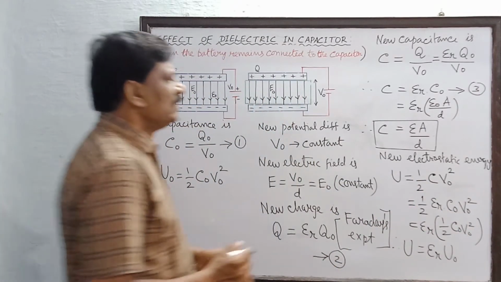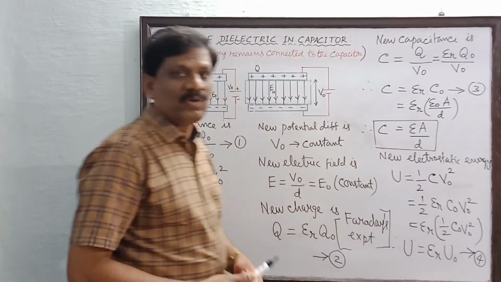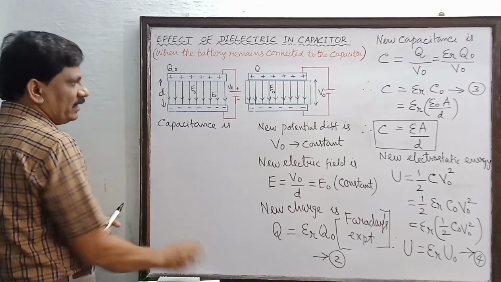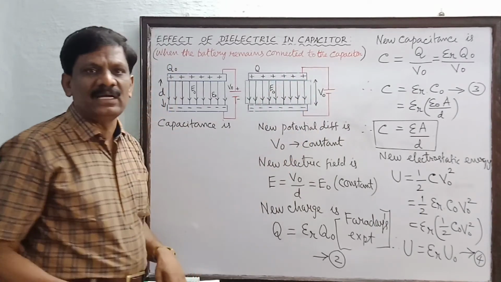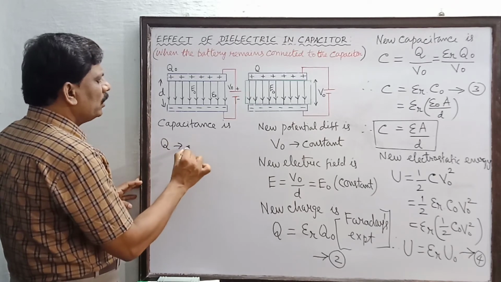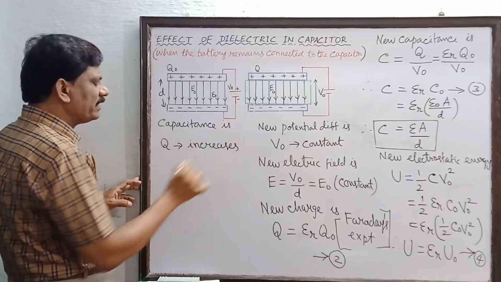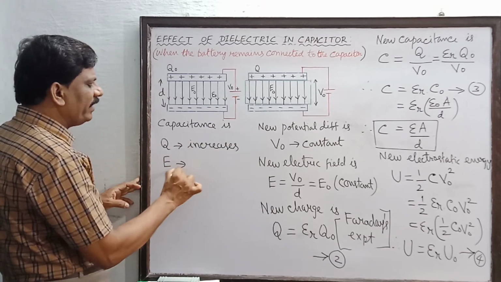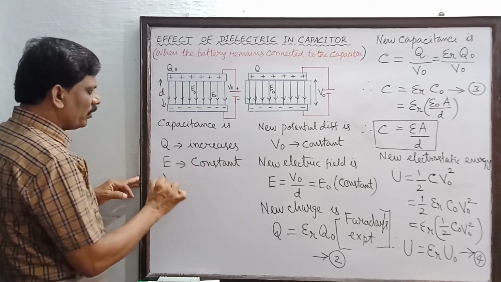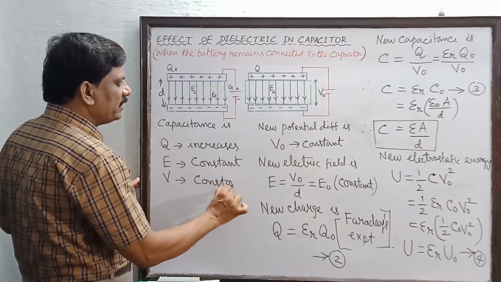So I am going to summarize all these equations like before. Whenever the dielectric is introduced and the battery is also present, the charge Q increases epsilon R times, and the electric field remains constant, and the potential difference remains constant.